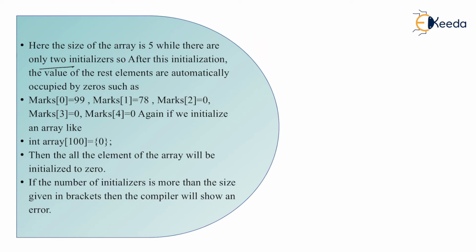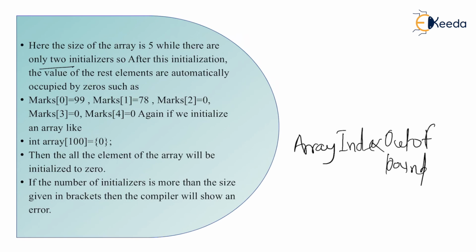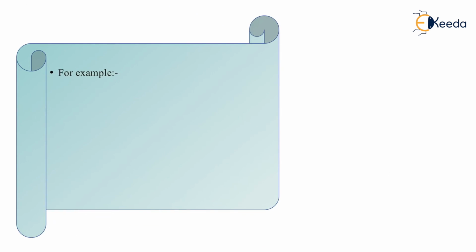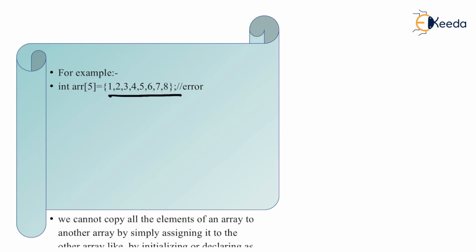If the number of initializers is more than the size given in the brackets, then the compiler will show you the error: array index out of bound, right? For example, int ar[5] and we give the values as 8 elements. At that time you will get the error: array index out of bound.